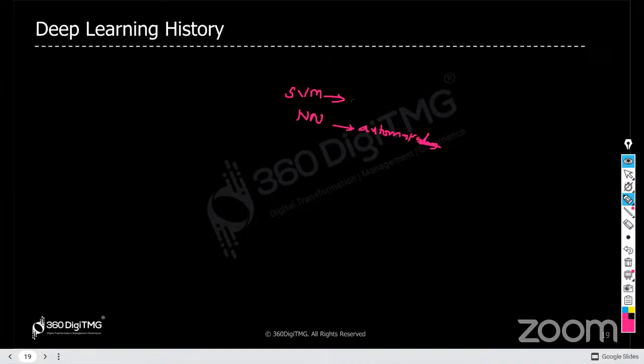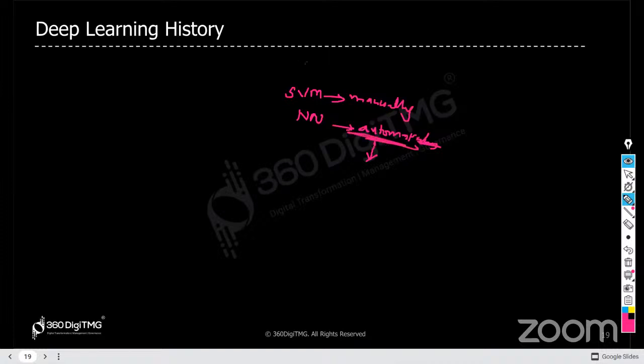So SVM needs manually extracted features, whereas neural networks extract them automatically. The disadvantage of automatic extraction is that you cannot know what features your model is extracting. This is the disadvantage, but it is faster.